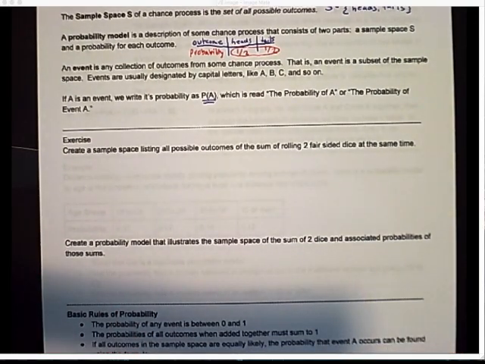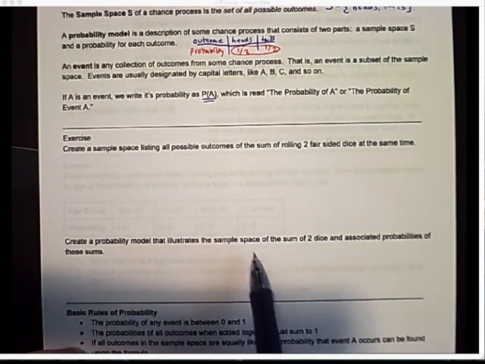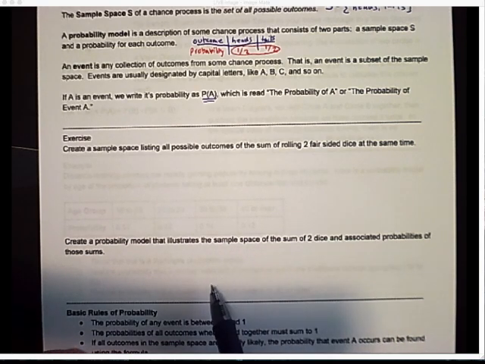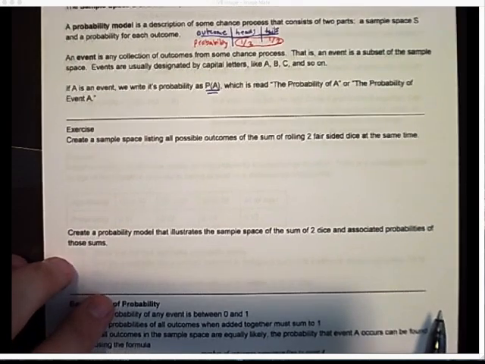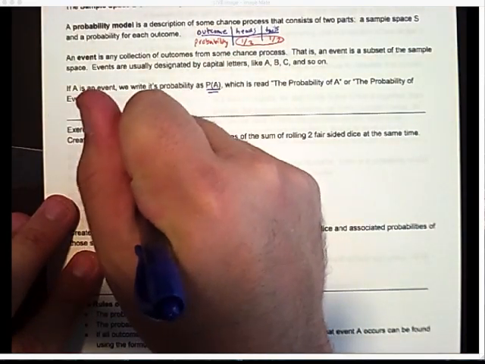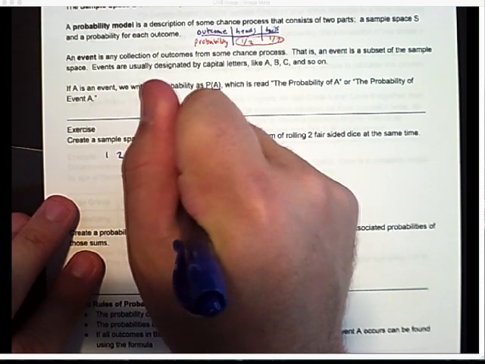All right, so let's go through the first exercise here. It says create a sample space listing all possible outcomes of the sum of rolling two fair-sided dice at the same time. And then after that, create a probability model that illustrates the sample space of the sum of two dice and associated probabilities of those sums. Okay, so let's think about that. So when I roll one die, I can get the outcomes 1, 2, 3, 4, 5, and 6.